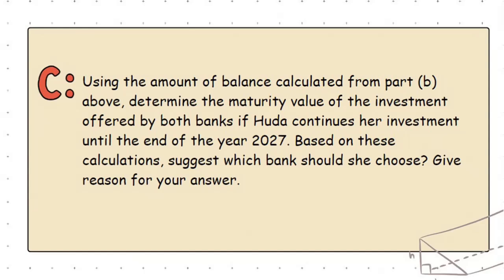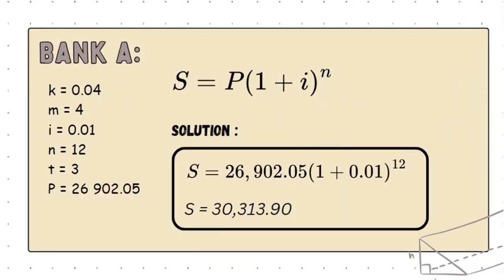And for bank A, we should list each one of the individual values. For bank A, the interest rate is 4% and it is compounded quarterly, so M equals 4. And for I, we include the K and M, and it will be 0.01. The period of time is 3 years, and for P, we take the amount from question 1B.